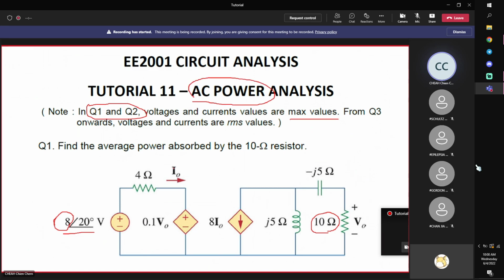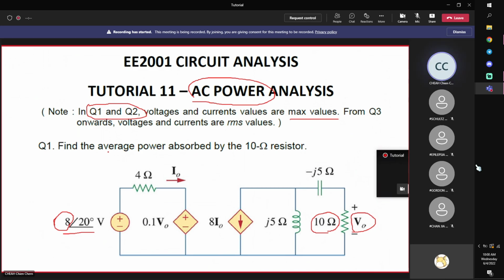Okay, so how do we link up with the previous tutorial? In the previous tutorial, the questions were phrased this way: find the voltage V0 across the 10 ohm resistor. Here the question says find the average power, but it's actually related to finding the voltage, and then we use the voltage to find the average power.